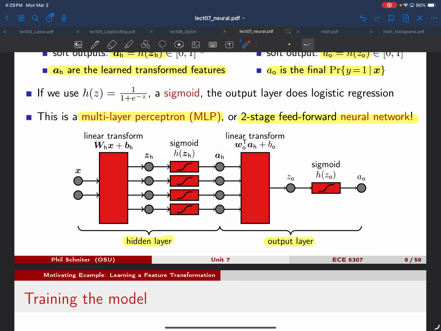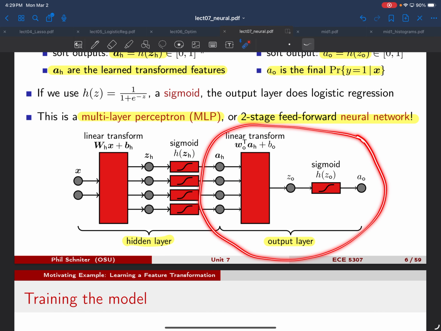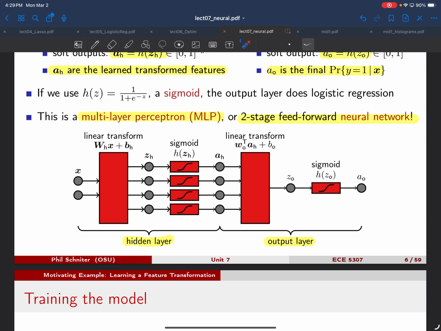And so at this point, we just have logistic regression. And we know that for logistic regression, it's convex in these parameters. But when we look back through these nonlinear sigmoids, we have these other parameters on the other side of them, and because of these nonlinearities, you can show that the loss is not convex in those parameters. So that's our issue right now.